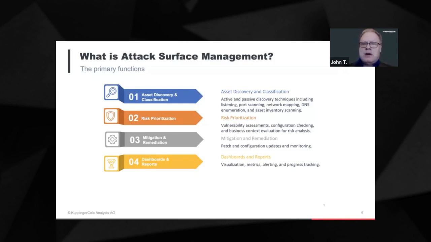We tried to group the major functions into 4 big categories. So what we see here is asset discovery and classification is one of the key features. It's where it all begins. And by asset discovery and classification, this can use either passive or active techniques for asset discovery.